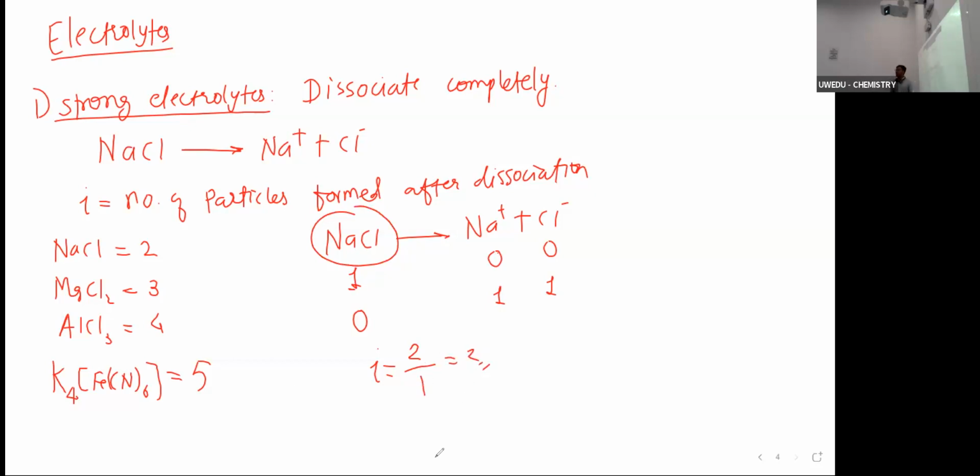Clear? Any doubt? No doubt. Now this is for strong electrolytes. Strong electrolyte examples are salts, strong acids, strong bases.